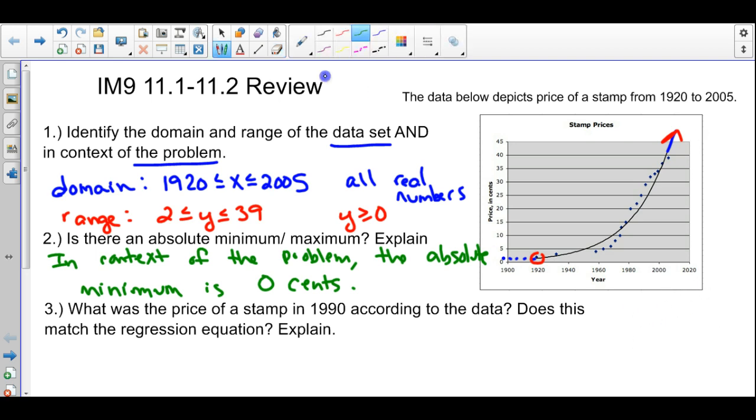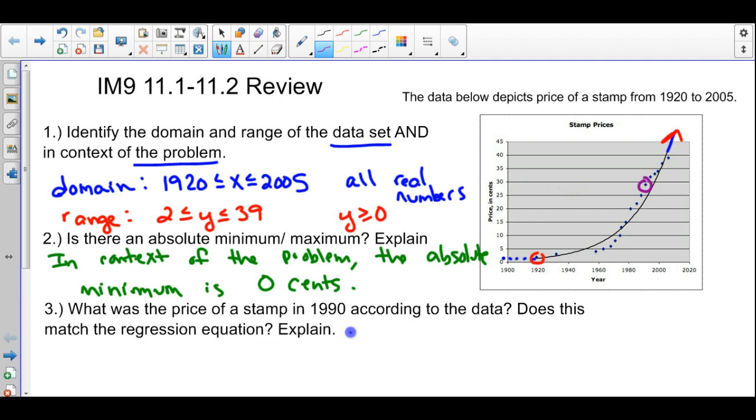And then the last problem here, which says what is the price of a stamp in 1990 according to the data, and then does it match the regression equation? So I want a side-by-side prediction, and I want to know exactly what it was in 1990. So I'm going to put my cursor right between 1980 and 2000. So 1990 would be exactly where my cursor is. According to the data set, I'm going to assume that it's this point right here, which looks like it would be about 29 cents.